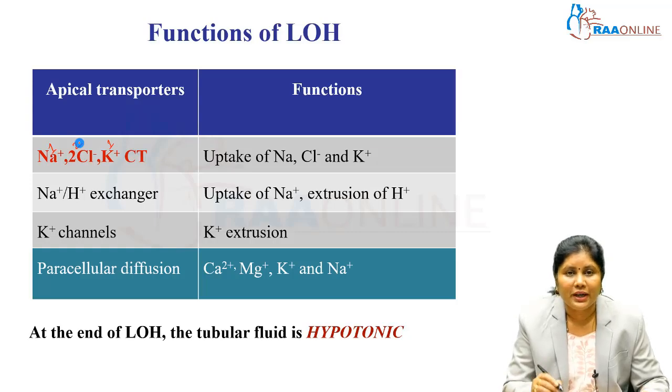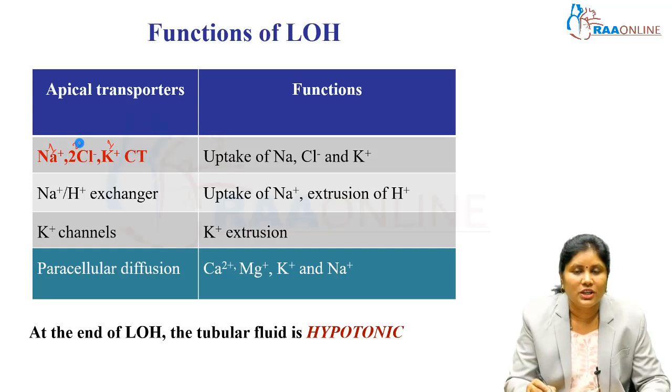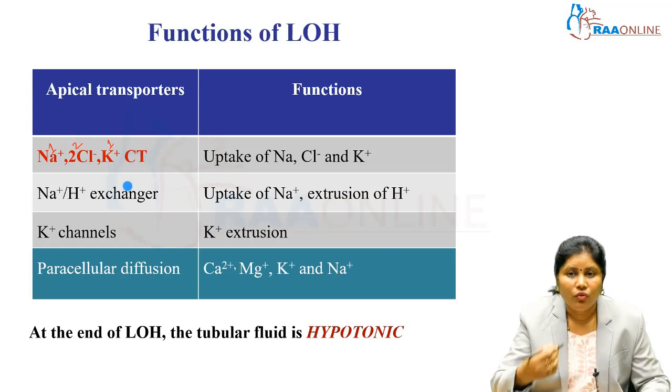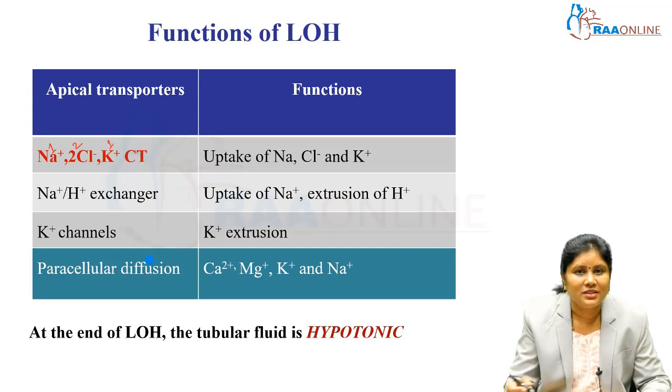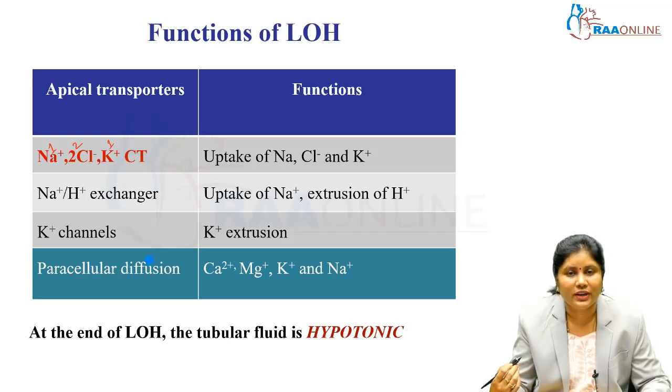Okay, so this is the prime channel that is responsible for creating the hyperosmolar gradient in the medullary interstitium. Apart from that, there is sodium hydrogen exchanger, which is actually for hydrogen ions. By excreting hydrogen ions, it reabsorbs sodium ions. Okay, apart from that, potassium channels are there, which is responsible for excretion of potassium ions.